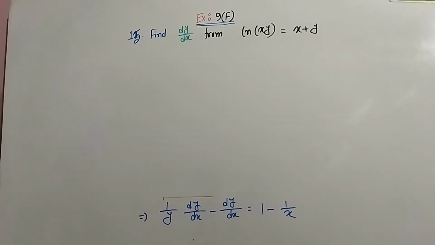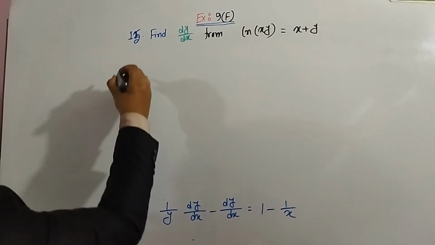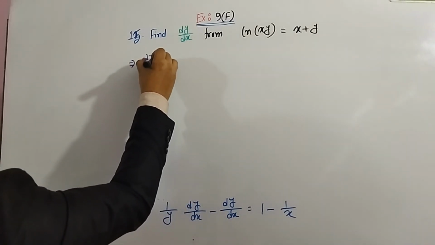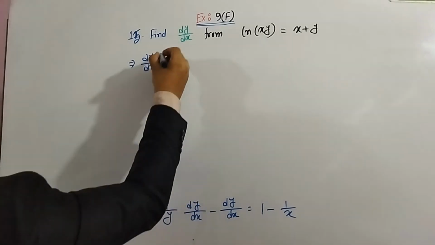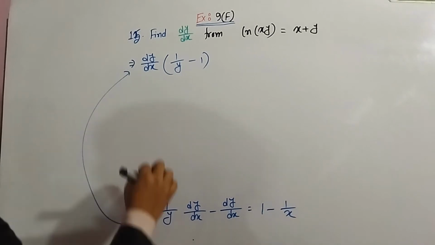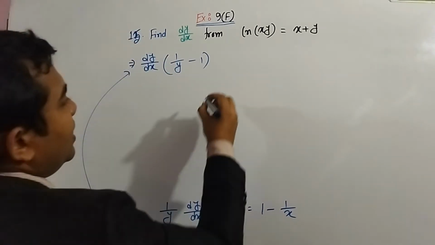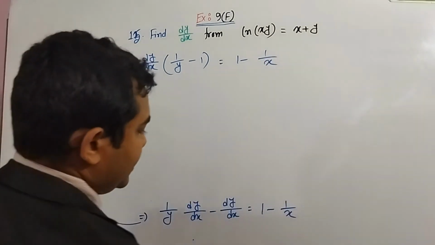So here we are trying to focus on taking dy by dx as common. So dy by dx should be what? 1 by y minus 1, equal to 1 minus 1 by x.